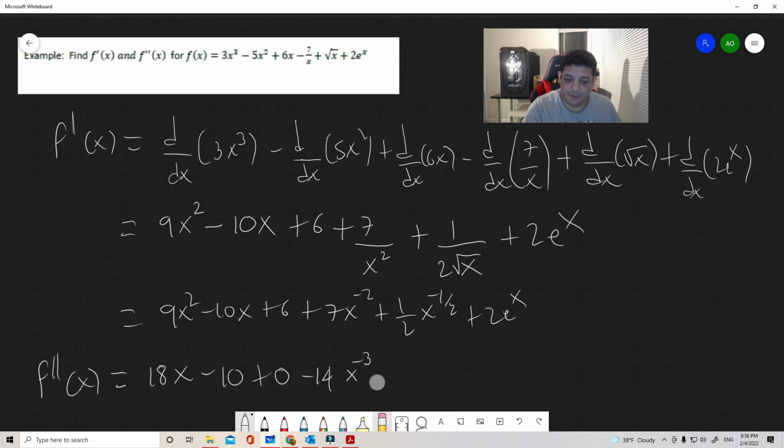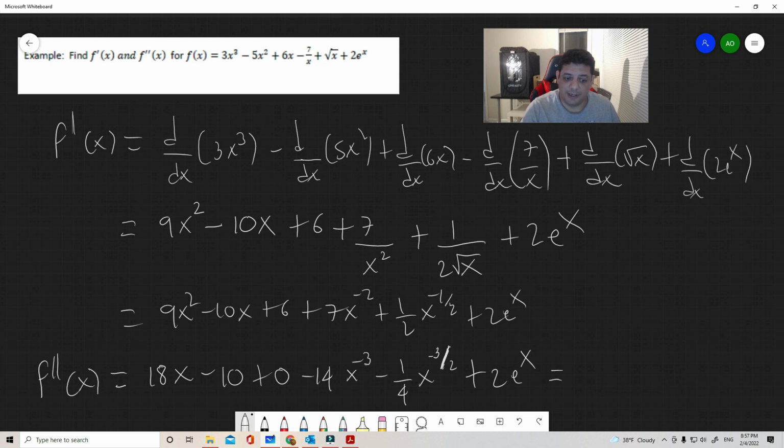Now, similar with this case, we get minus 1 over 4. And then it's going to be x to the minus 1/2 minus 1. So that becomes minus 3/2. We also did this before, so I'm doing it quickly this time. And now finally, this is going to be 2e to the x. There's no change at all.